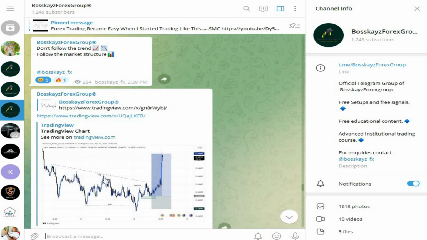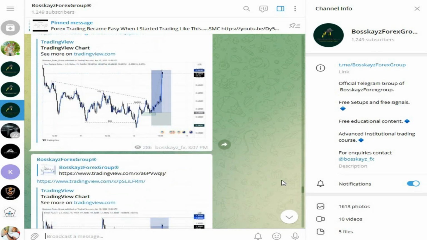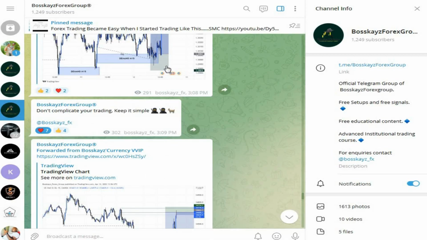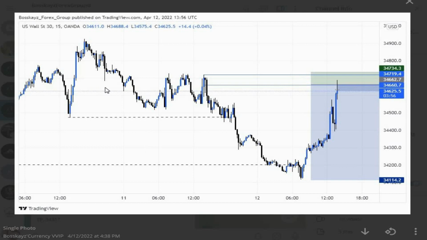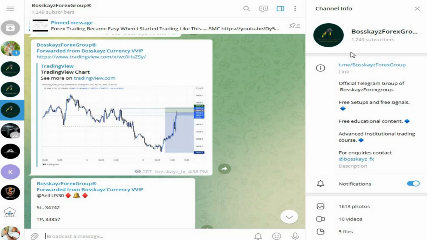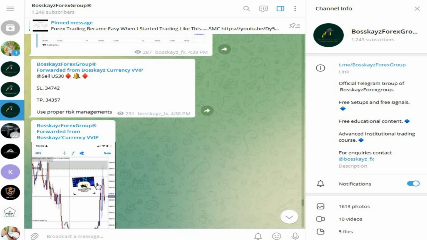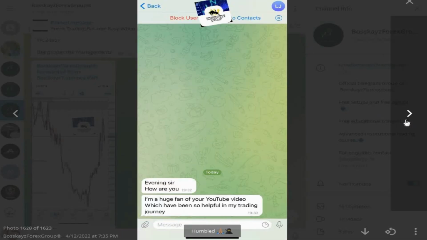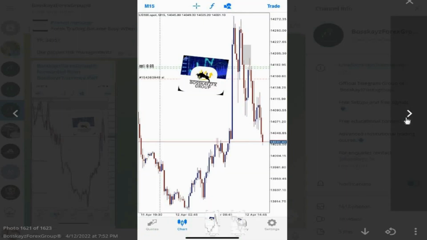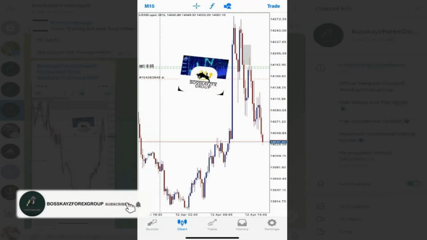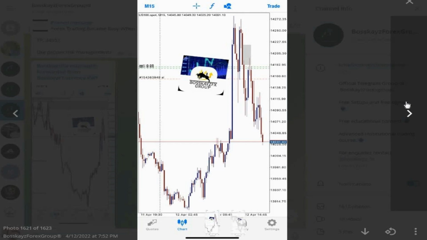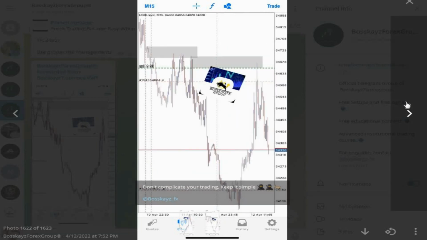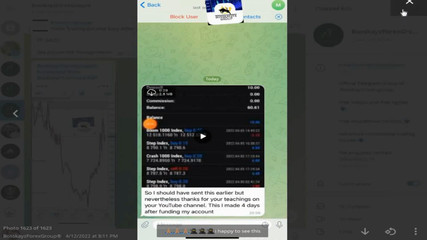And guys, this was after, and also this was after for GU, and this was US30, another trade which we took, the signal and the trade. And these were the feedbacks which we are getting from you guys. Here is a Nasdaq trade, and also this US30, and this was the feedback.